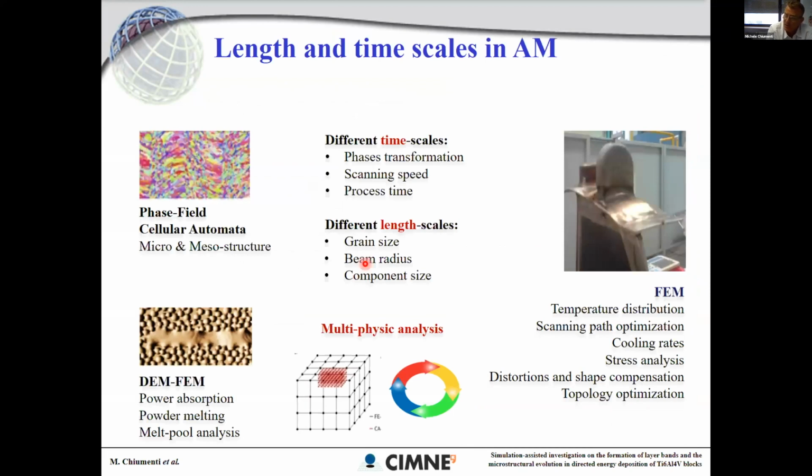So first of all, this is a slide which is quite classical, but I think it's very important to understand that there exist different time and length scales in additive manufacturing, and our work is fully defined at the larger scale. So we are using finite elements, and the scope of our work is the thermomechanical analysis of the industrial process itself.